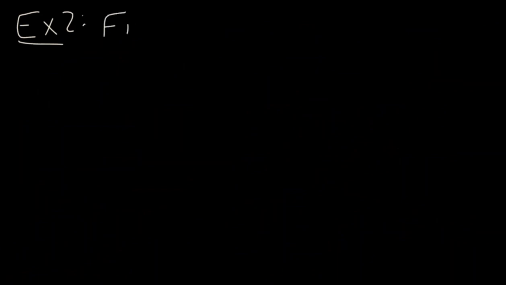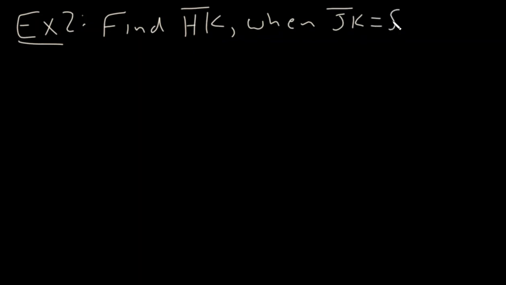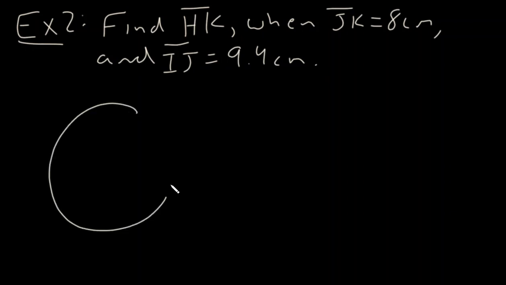So I want y'all to find HK when we know that JK is equal to 8 centimeters and IJ, oh, I wrote that out of order, IJ equals 9.4 centimeters. Okay, pretty straightforward.